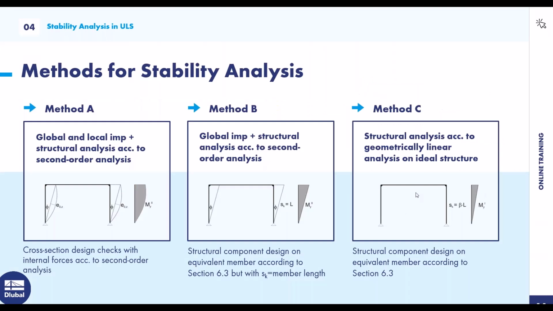We did method C with the effective member lengths and without imperfections. And now we define imperfections, and I delete the effective member lengths for the columns. We consider SK equal member length. Okay, I turn back to the program.